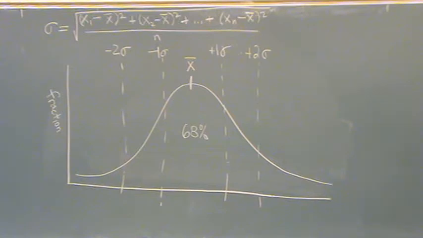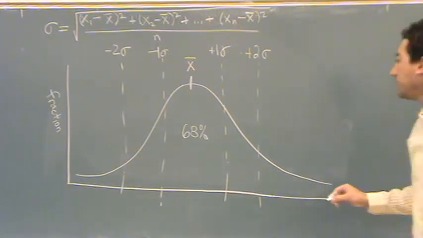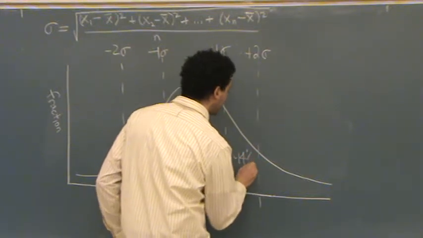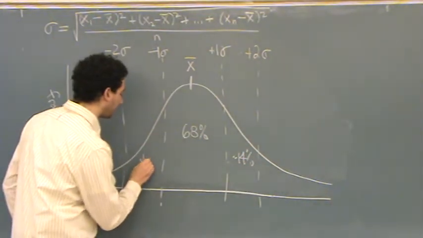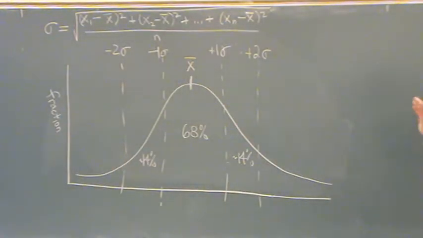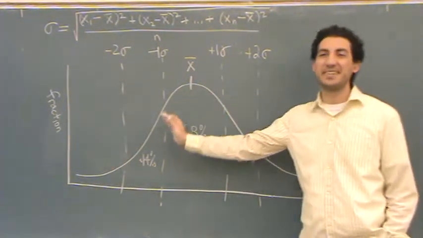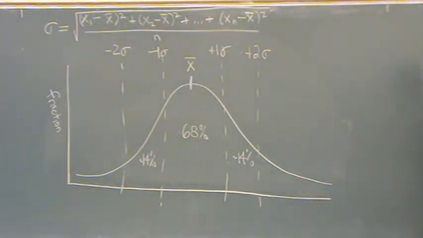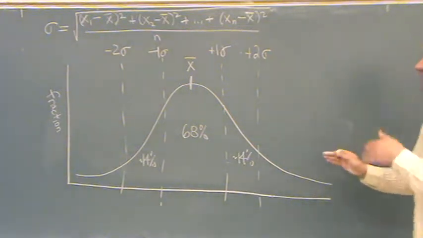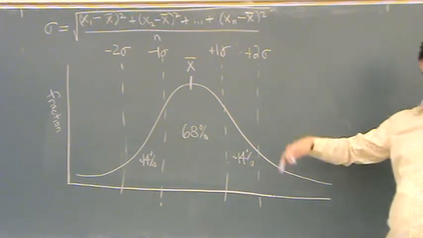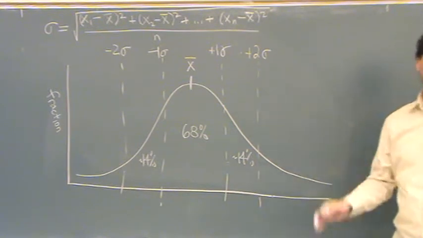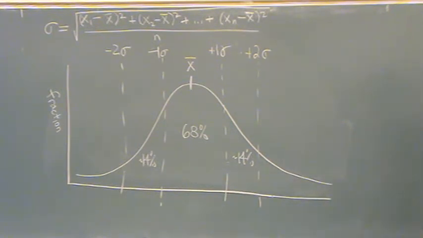Okay, so now let's say you have approximately another 14% of students here, and approximately 14% of students here. So within 2 standard deviations from the mean, you've got about 95% of the total population. Okay, and then it gets much, much smaller, as you can imagine, as you go to 3 standard deviations and further. Okay, for our purposes, we don't care about more than really 2 standard deviations.